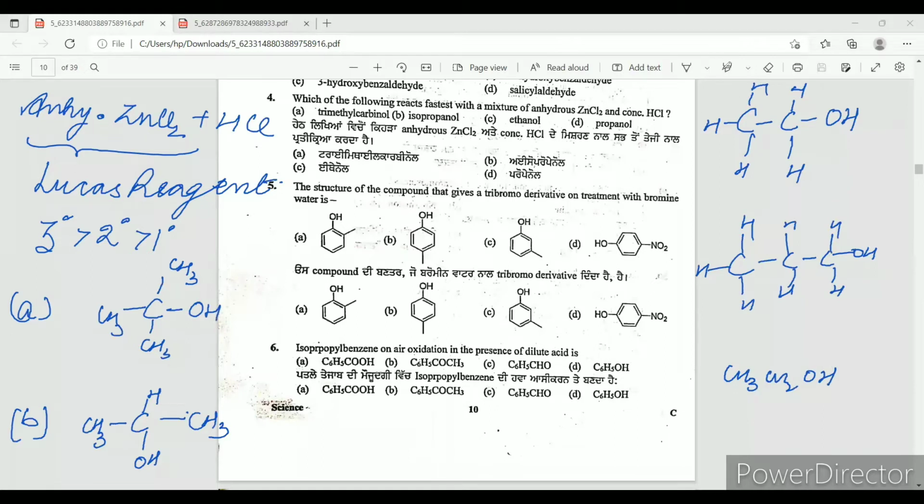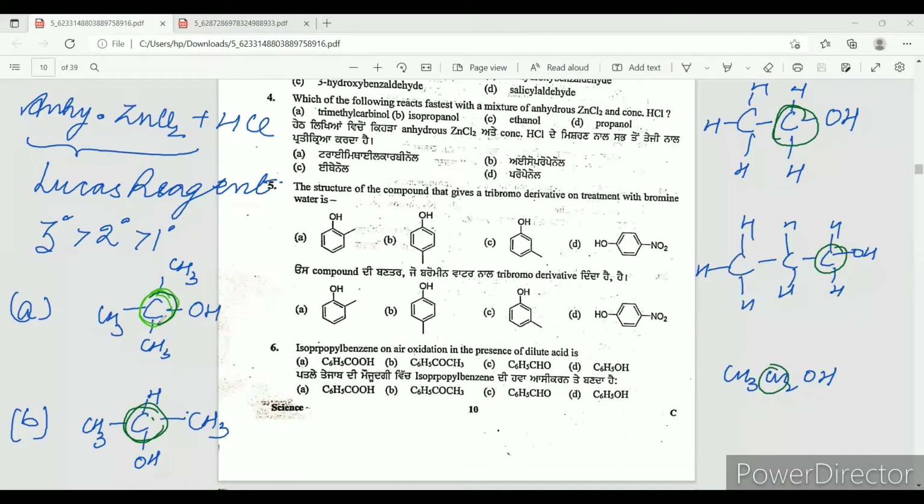Now we have to look out which carbon is tertiary, which carbon is secondary, and which carbon is primary. So this OH is attached to this carbon. Over here, this is the carbon that we have to look out.